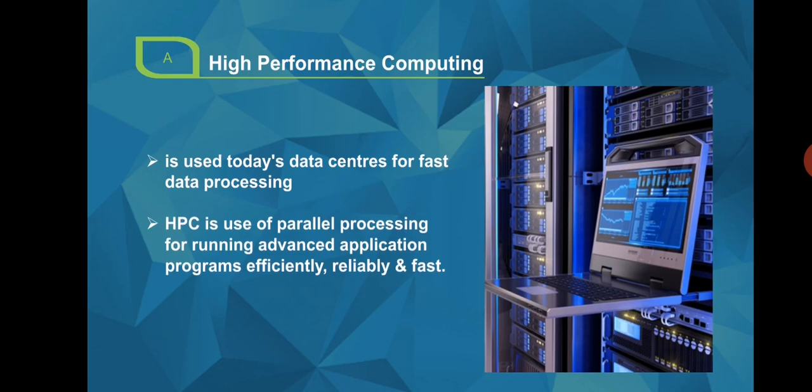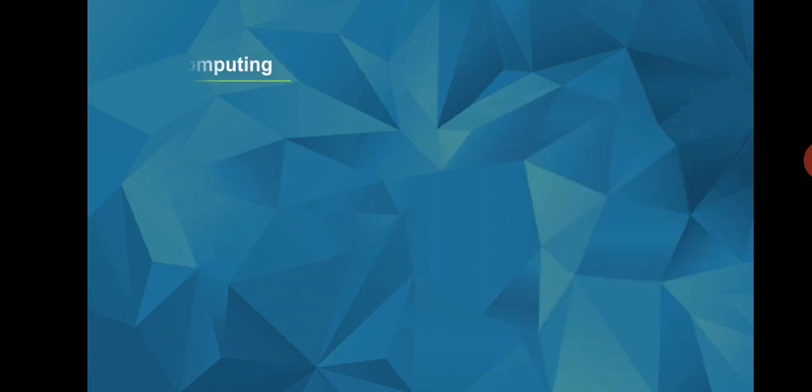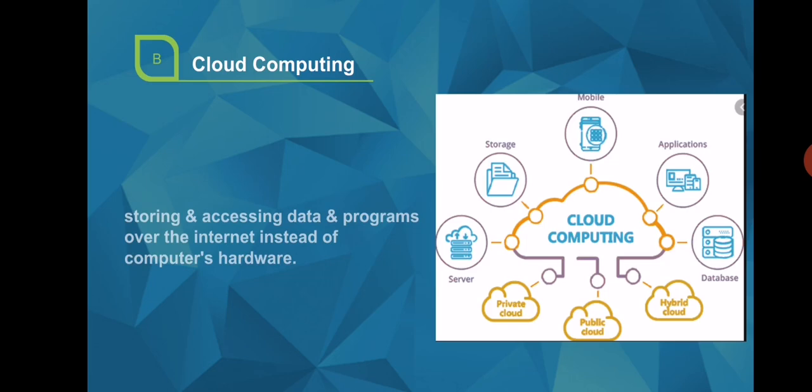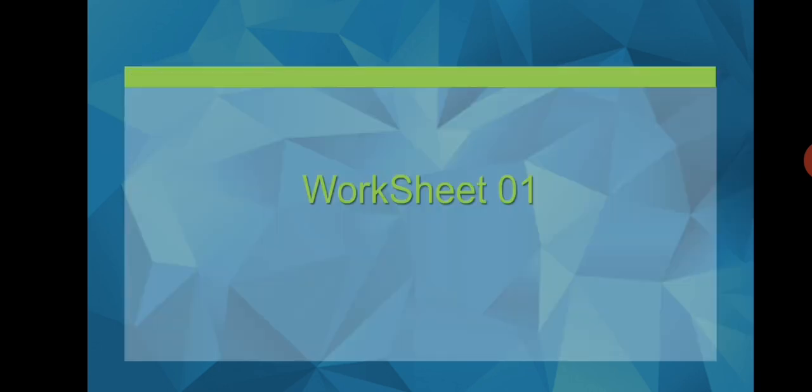High performance computing is actually the use of parallel processing for running advanced application programs efficiently, reliably, and at fast speed. Cloud computing. Cloud computing means storing and accessing data and programs over the internet instead of on a computer's hardware. This terminology is known as cloud computing.